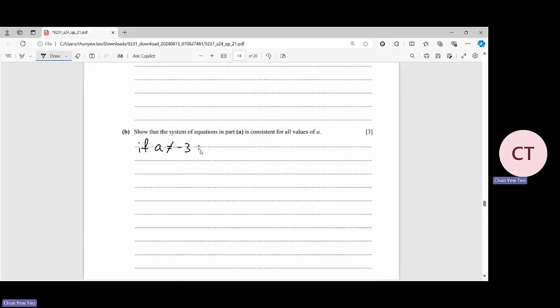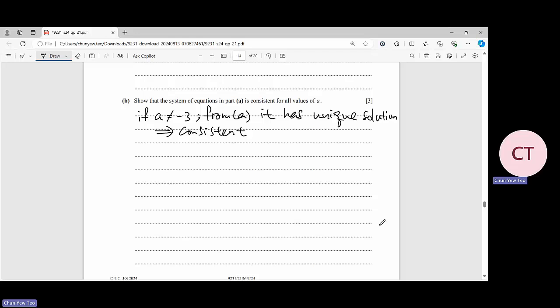So if a is not equal to negative 3, we know it's consistent.